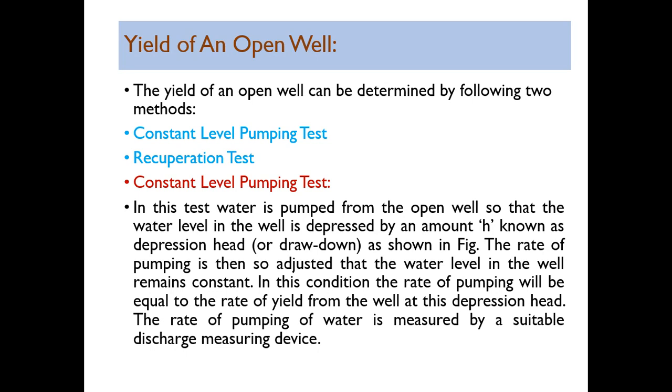So what is the constant level pumping test? In this test, water is pumped from the well so that the water level in the well is depressed by an amount H, known as the depression head or drawdown, as shown in the figure.